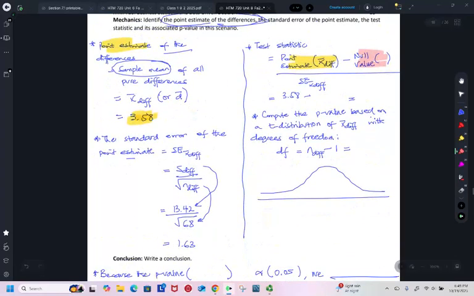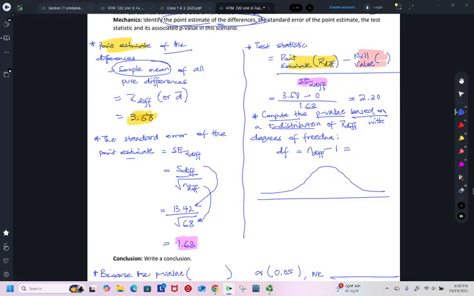So minus 0, divided by the value for the standard error, which is 1.63. And that gives us about 2.20. With that said, the next step will be to compute the p-value based on the t-distribution.